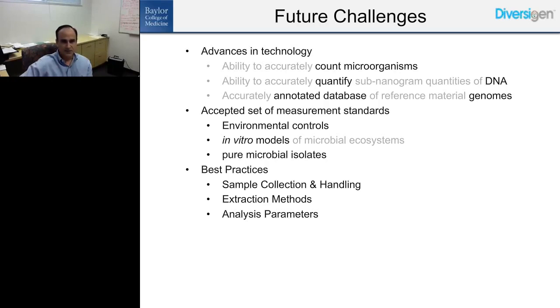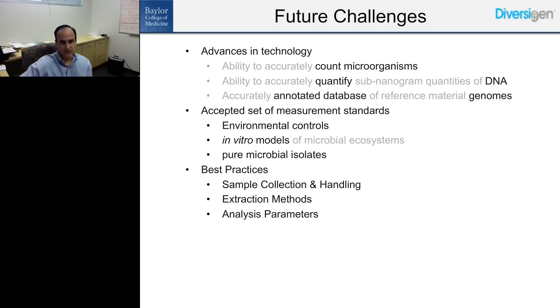And I don't think there's a one-size-fits-all. Mock community is great. We also need to look at environmental controls, possibly having in vitro models in this as well, and then usage for microbial. And then last but not least, there need to be some best practices.